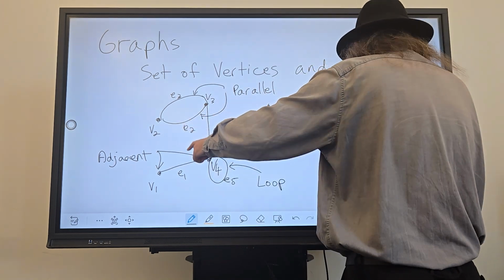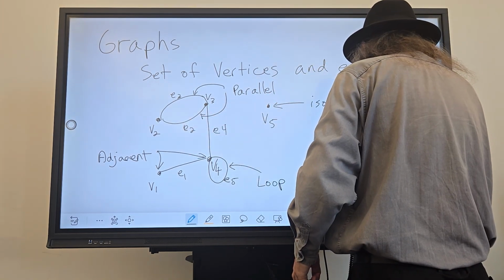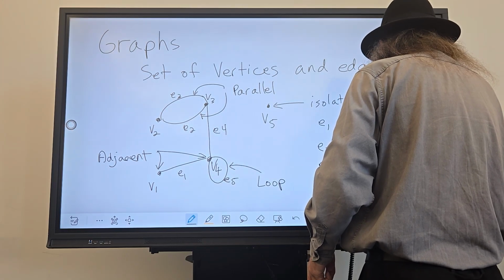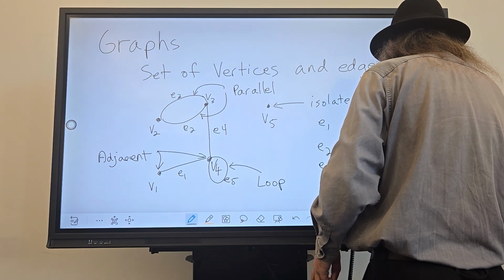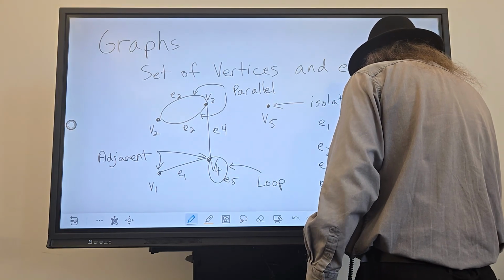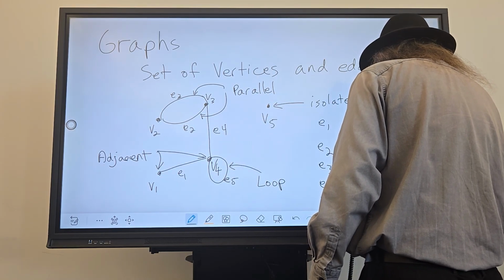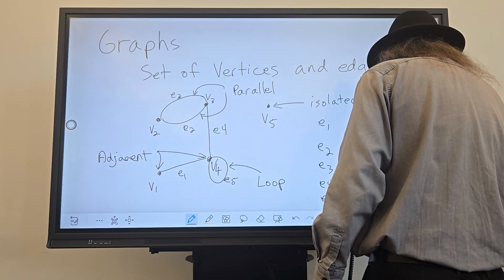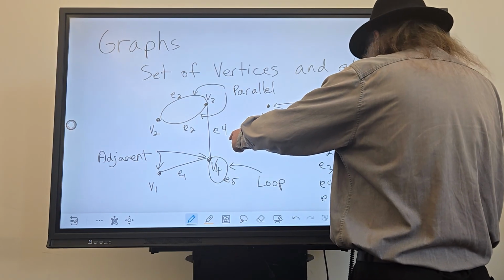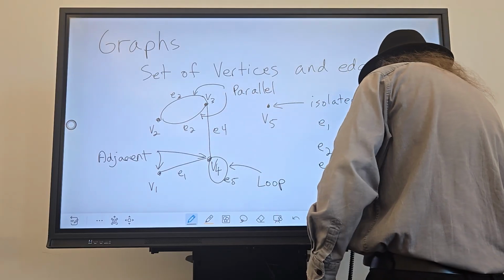E2 is V2, V3. E3 is the same because it's parallel. And E4 is V3, V4.